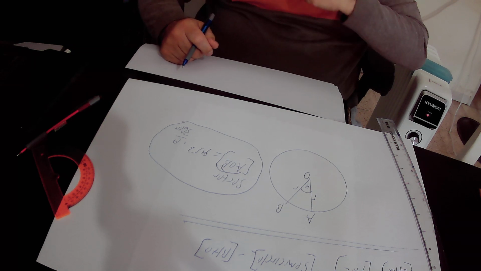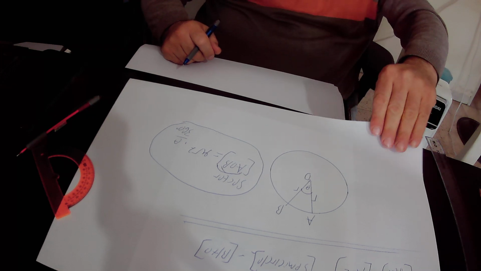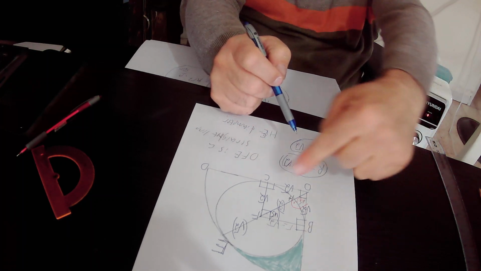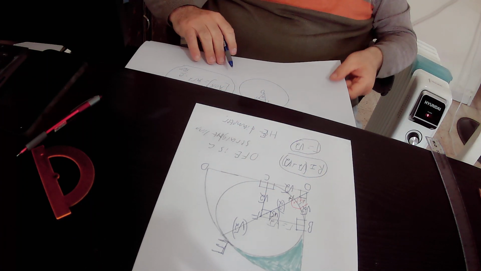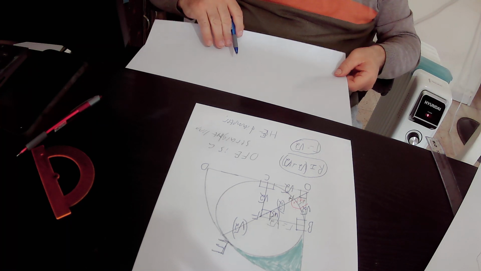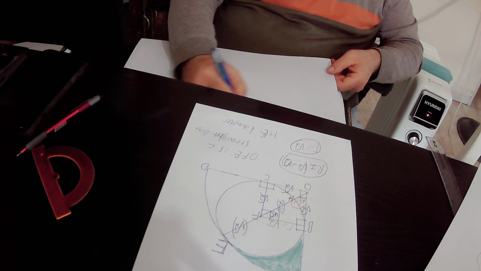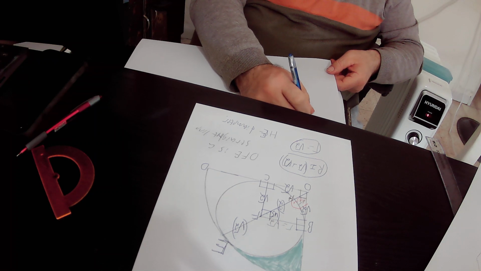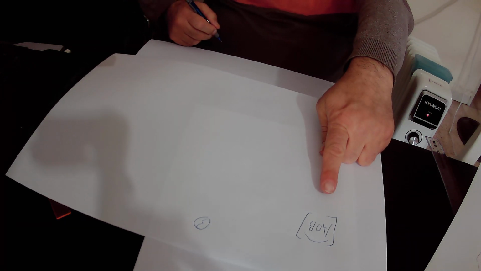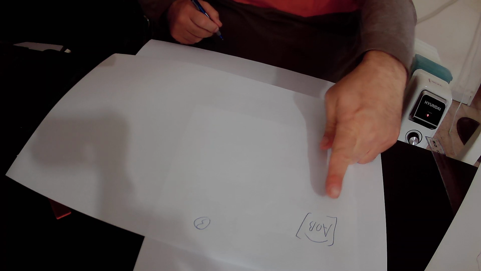Okay, so we'll implement this formula in our drawing in order to find the area of this sector AOB. This is the sign for the area of sector AOB.